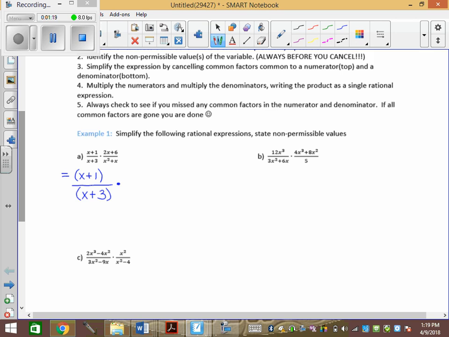2x plus 6, is there anything I can do to that? Take out a GCF of 2. 2x divided by 2 is x, plus 6 divided by 2 is 3. So the x plus 3 goes into its own brackets, and so does the 2, because it's multiplied by it. The denominator, the bottom of the right-hand rational, what could I do to it?